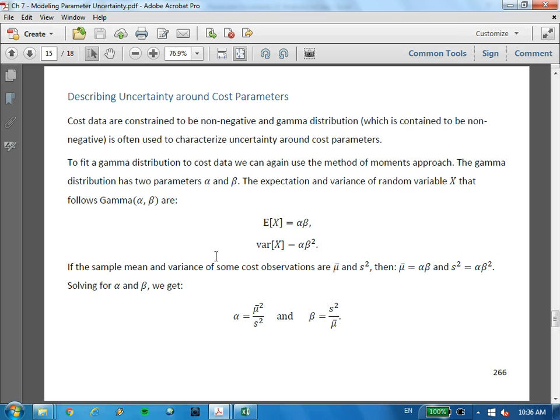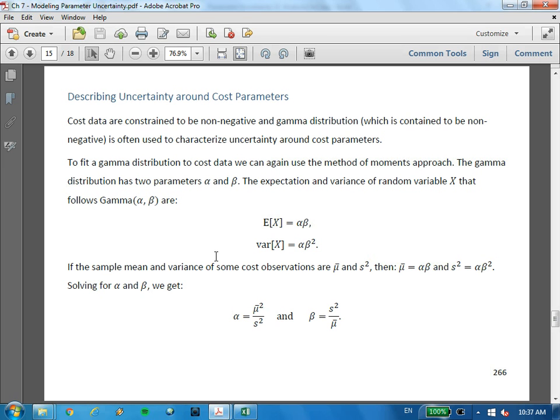So what I want to do is to fit a gamma distribution to my data, right? So if X follows a gamma distribution, and gamma distribution has two parameters, alpha and beta, the expected value of a gamma distribution is equal to alpha times beta, and the variance is alpha times beta squared. Okay?